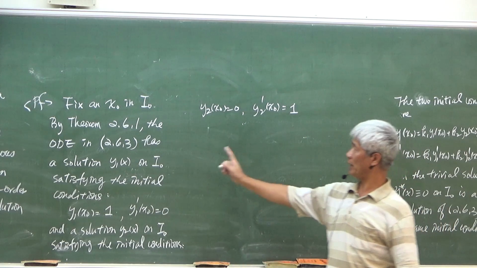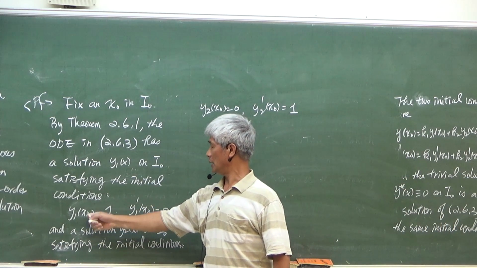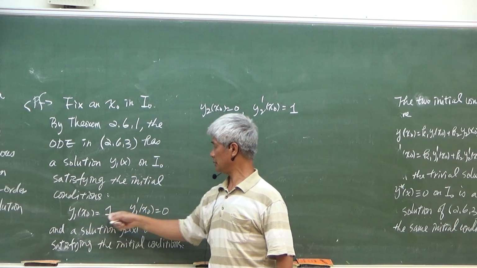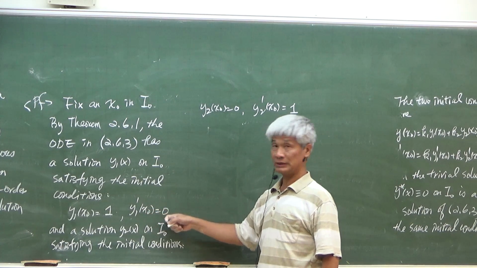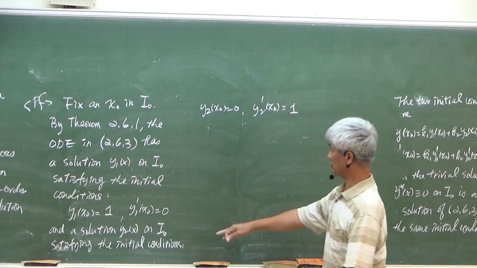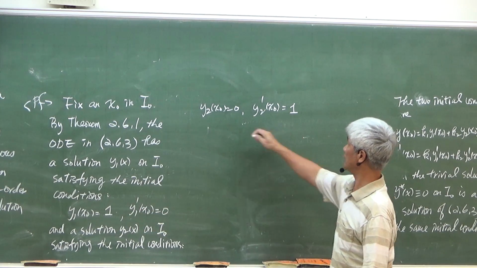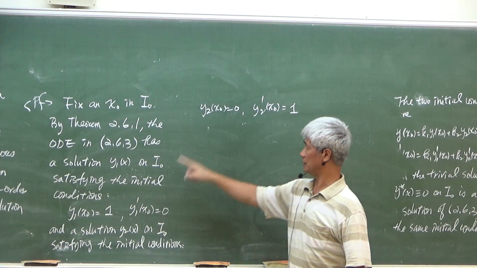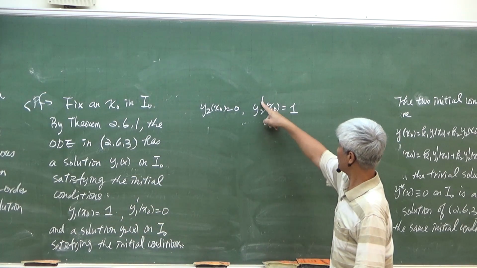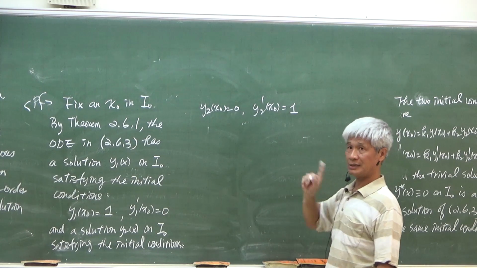So y1 has initial conditions y1(x0) equal to 1 and y1'(x0) equal to 0, but for y2, the initial conditions are y2(x0) equal to 0 instead of 1, and y2'(x0) equal to 1 instead of 0.